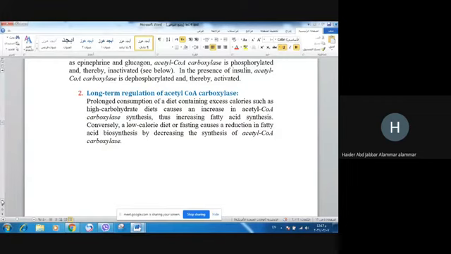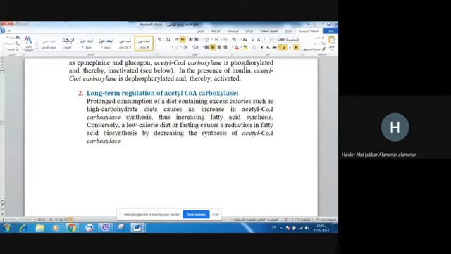If there is a prolonged consumption of a diet containing plenty of excess calories, such as a high carbohydrate diet, as I said, if there is plenty of carbohydrate and protein that exceeds the ability of our body, it will be converted and used as glucose, because alanine can be converted to pyruvate and then by gluconeogenesis to glucose.